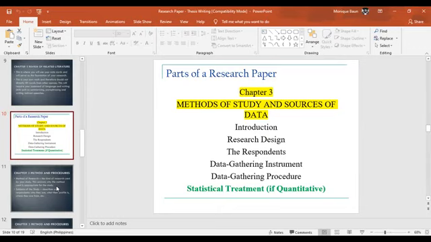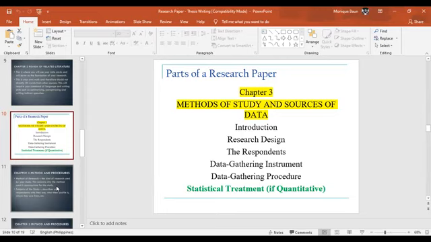By the way, class, I forgot to mention that research has two types: quantitative and qualitative. What is the difference between the two? When we say qualitative, it focuses more on the experiences. It is subjective and opinionated.